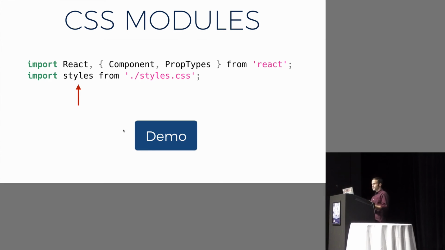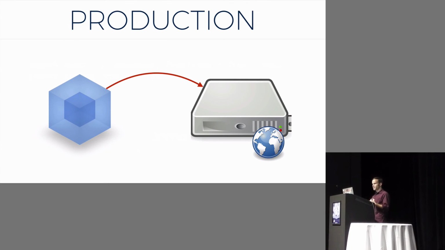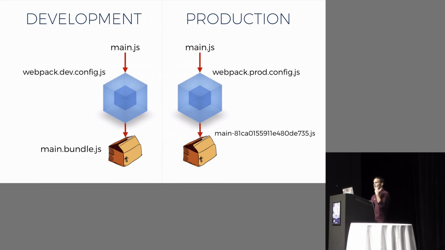So we've been talking a lot about development and cool features, but when it comes to Webpack at the end of the day, we still need to ship something. So the last thing I want to cover as we wrap up is, once we've done all these features with Webpack, ES6 code, CSS, how do we actually get something that we can send over to a production server? So the basic idea is, in this case, we do want to have two separate configuration files.